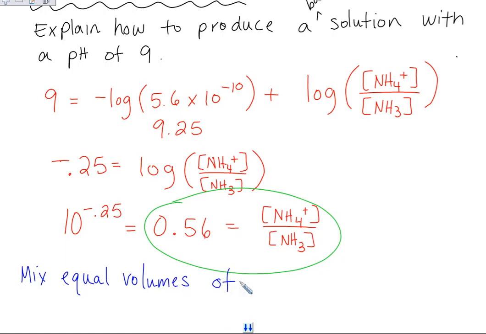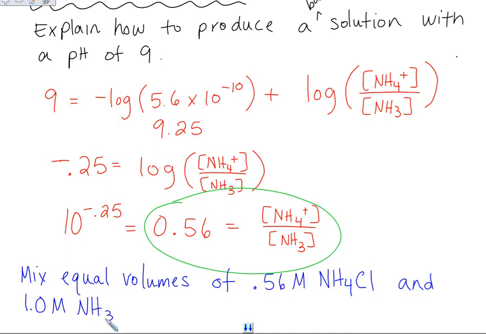Let's make this easier on ourselves and say 0.56 molar ammonium chloride, and let's just call the other one 1 molar ammonia.